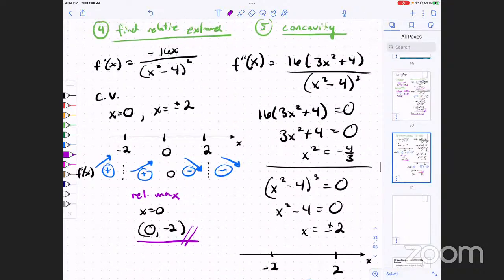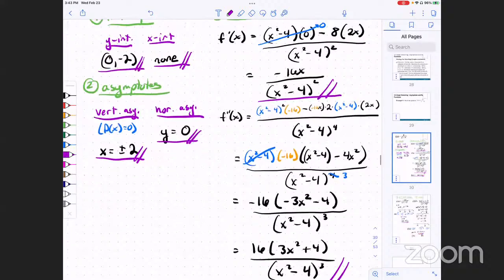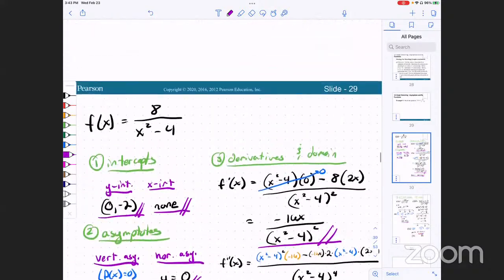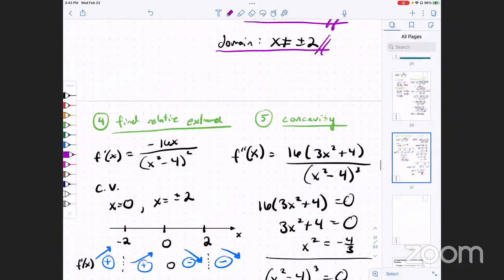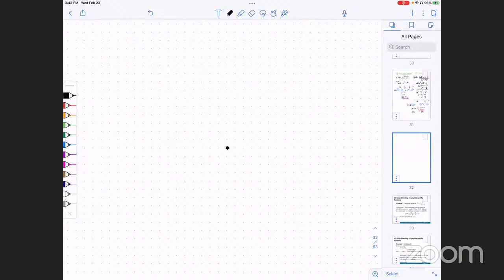We got no points of inflection. Plus or minus 2. Okay, let's go like 6 in all directions. So we're going to create a graph. I'm just choosing a point. This will be my x-axis. Okay, here's our y-axis.